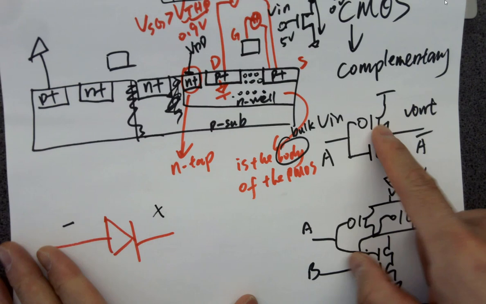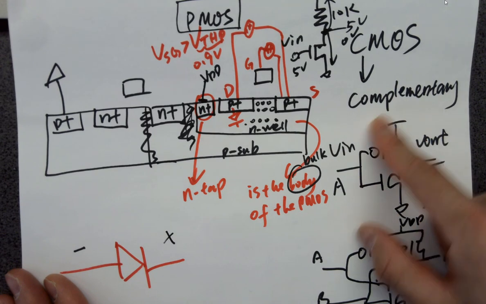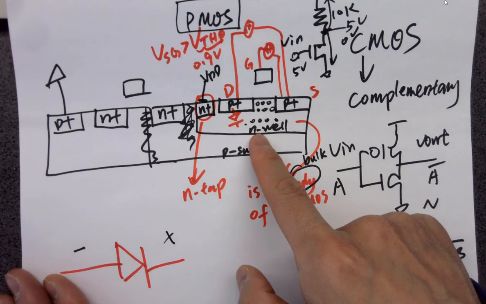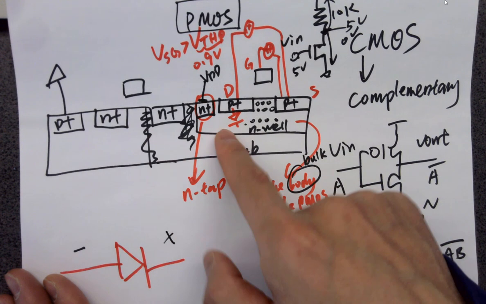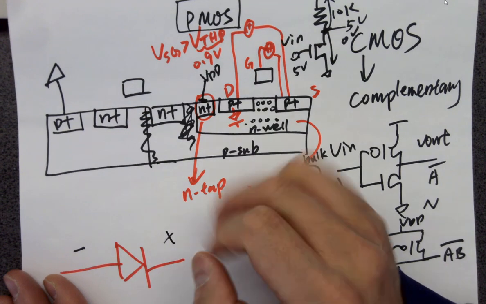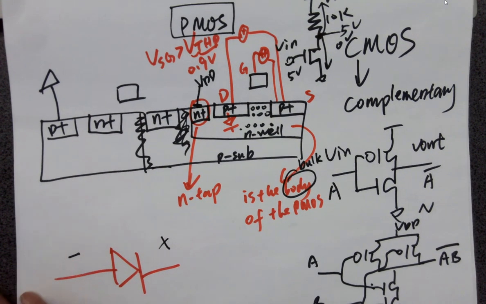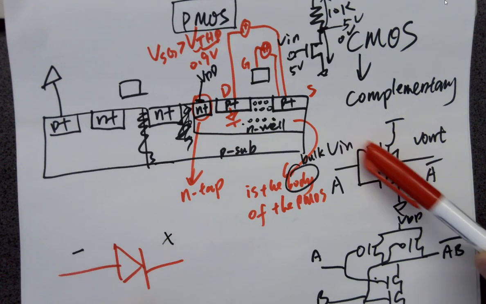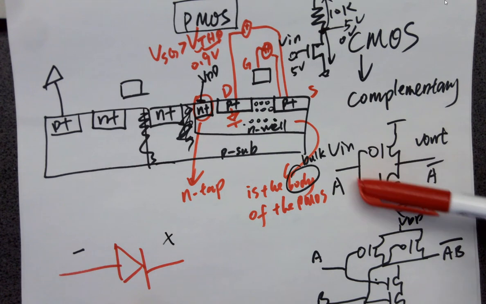Okay? So here's the inverter circuit in the symbol. For example, this is your NMOS and PMOS. Can you make an inverter circuit from this? Of course. Just make certain connections, gate to gate.